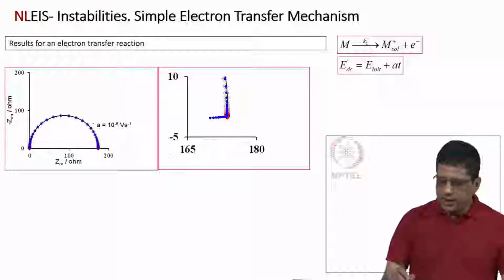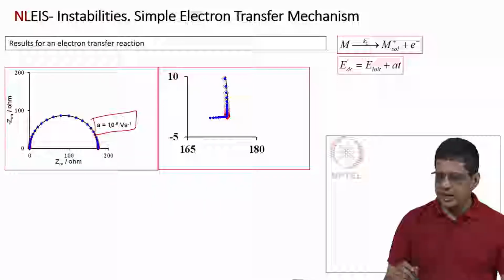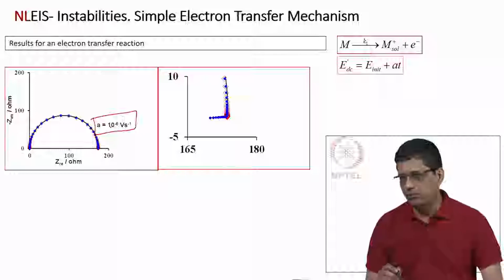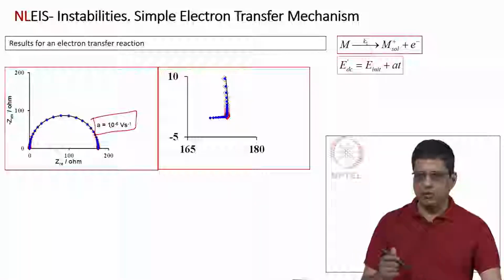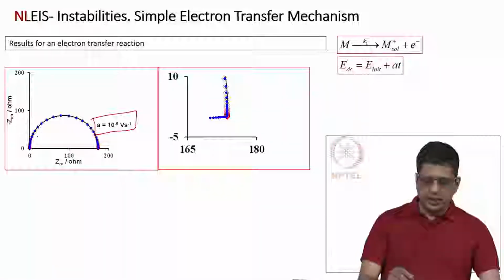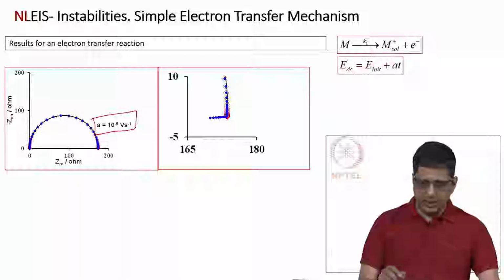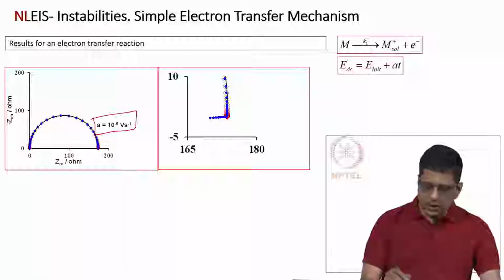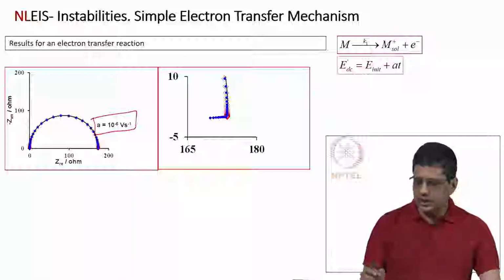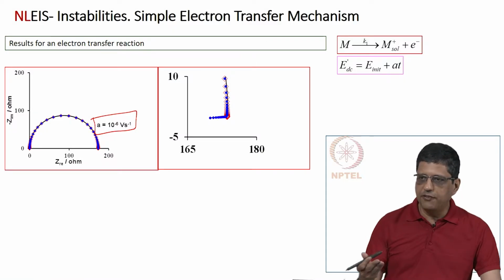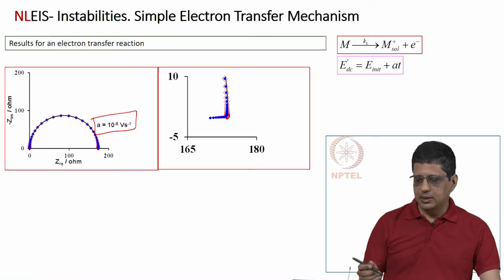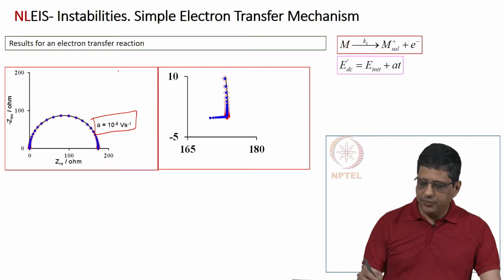If I have very slow change, 10 power minus 6 volts per second, that means few hours to get few hundred millivolts, then the spectrum will appear more or less same in this scale. If you go from 0 to 200 ohms, if you really zoom in, you would see that the one which is stable settles here, the one which is unstable or drifting, or we call it as instability, potential ramp, that shows there is a small movement here or small change here.